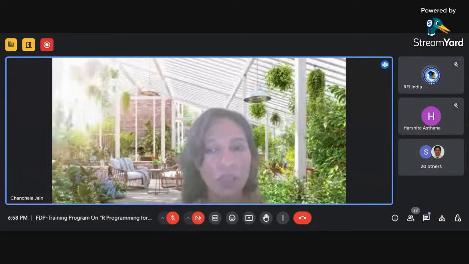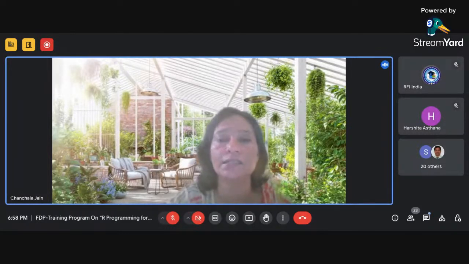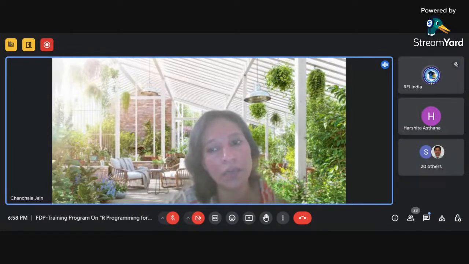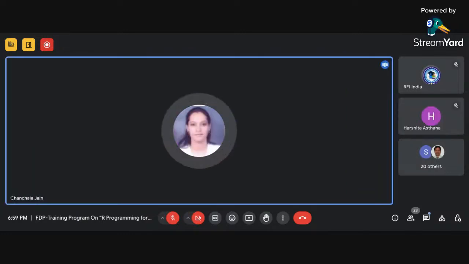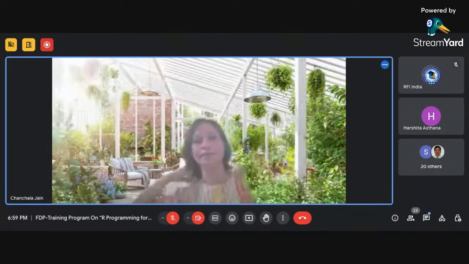If you want to compare the mean literacy rate in two states, that will be a case of independent samples. If you want to compare the GDP of two countries, that will also be a case of independent samples, right?